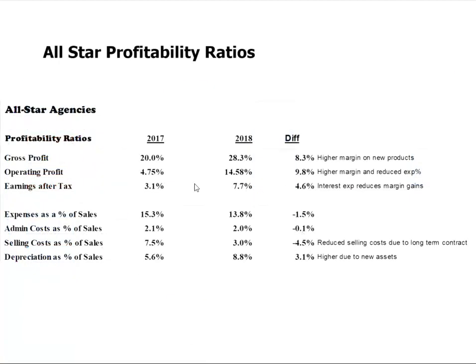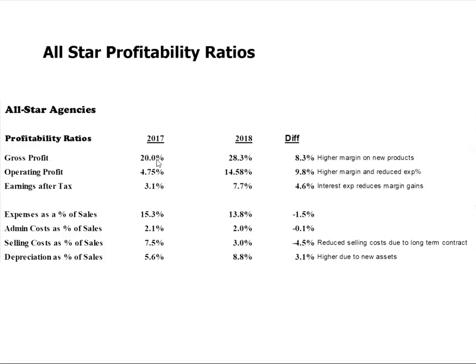So that's the major reason why this profitability growth has declined, because in 2017 there were no interest charges. All right, so there's a quick overview of the profitability. In the case of all-star, the profit margins have increased at every single level through the income statement, and that is a very good result.